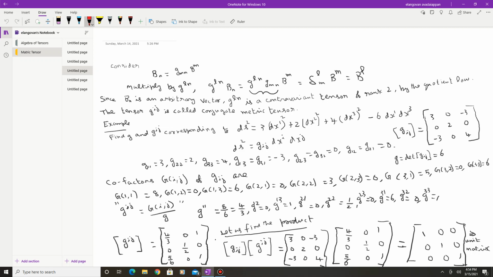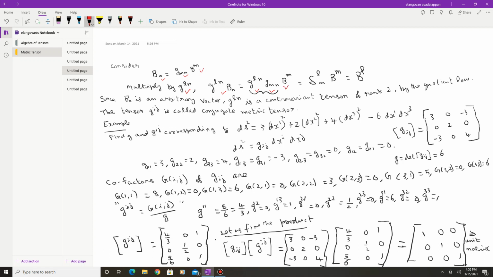Now let us consider the contravariant vector B^m. You multiply it with the covariant metric tensor, the index may be lowered, so you get B_n. Now you multiply by the contravariant tensor of rank 2, g^ln, on both sides. Because you substitute for B_n from the previous equation, you get this equation.